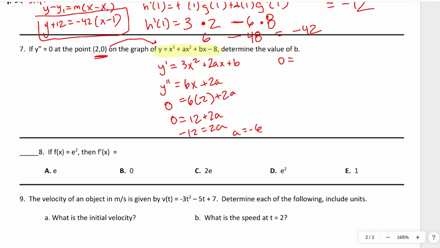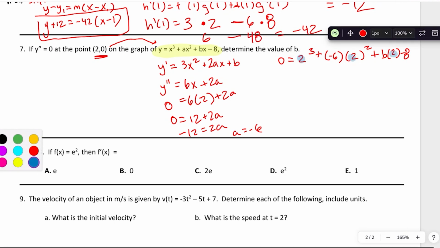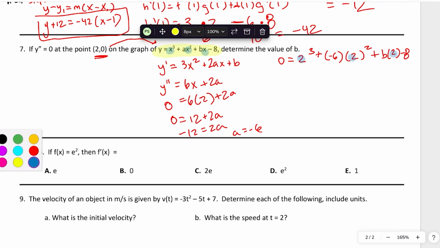So 0 equals 2 cubed plus negative 6 times 2 squared plus b times 2 minus 8. Again, just to go over what I was plugging in there, the 2's are the x's, all right?